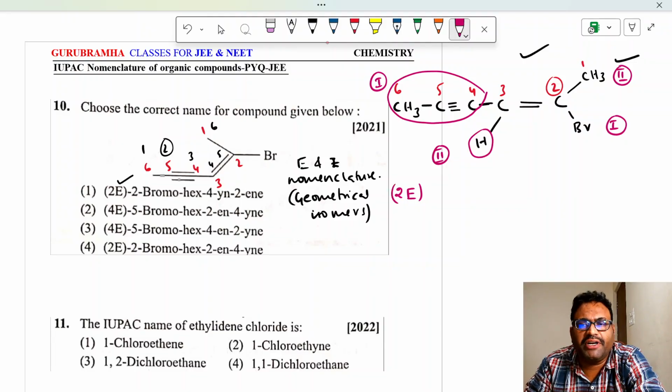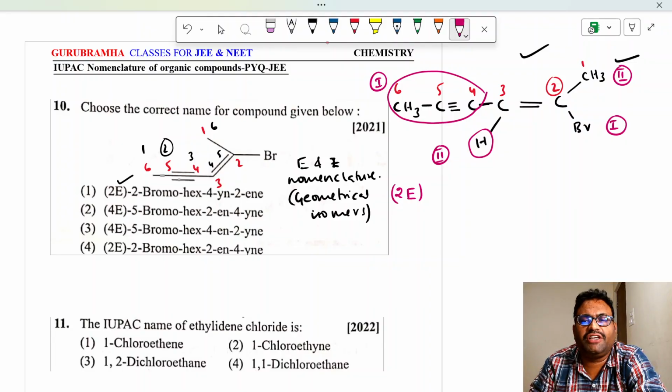When you learn geometrical isomerism, you will know how to identify geometrical isomers and how to write this E and Z nomenclature or E and Z configuration. When two high priority groups are on the opposite side, then we write E.